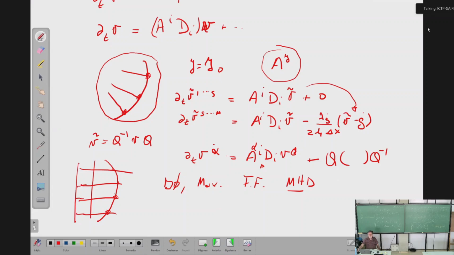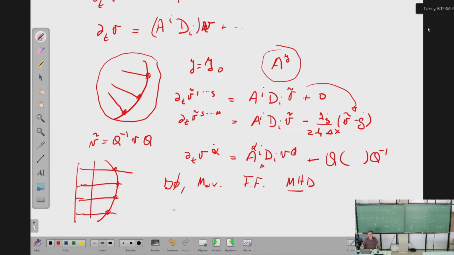You can do this, but it's quite tricky. You have to interpolate here and do many other things. So in general, we prefer to get a grid that is aligned. So you change the coordinates so that this grid is aligned.